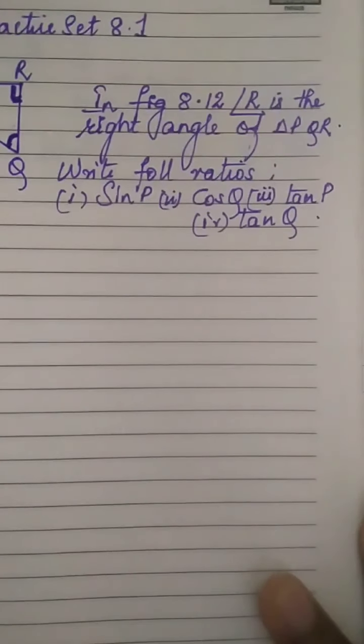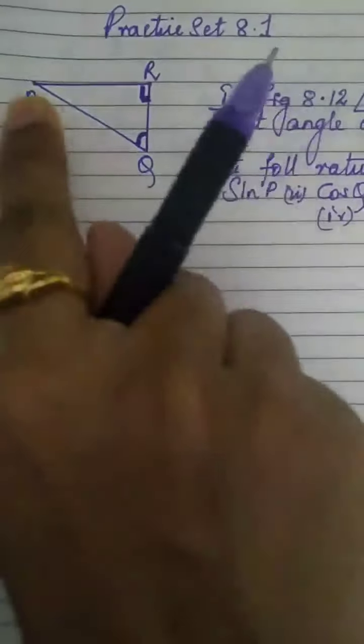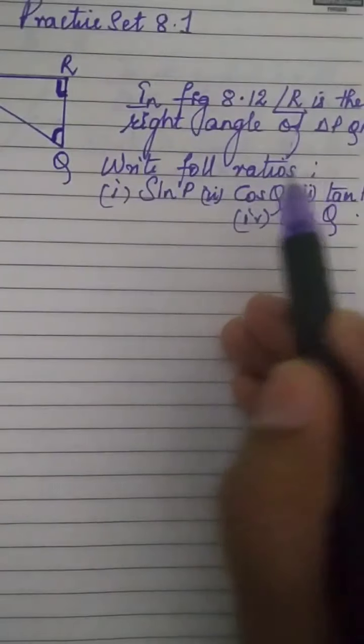Write the following ratios. R is the right angle, so what is the hypotenuse? Frame the name of the hypotenuse in your mind. Hypotenuse is PQ. Now write the following ratios.